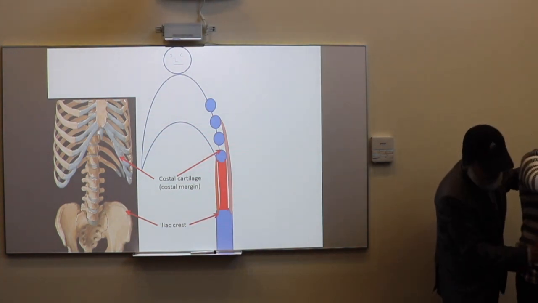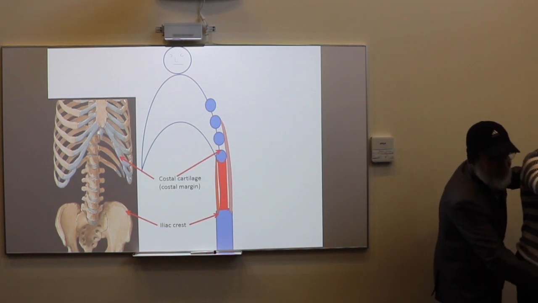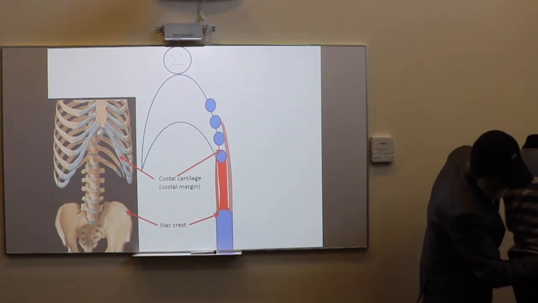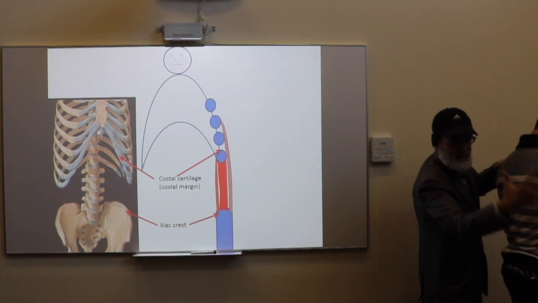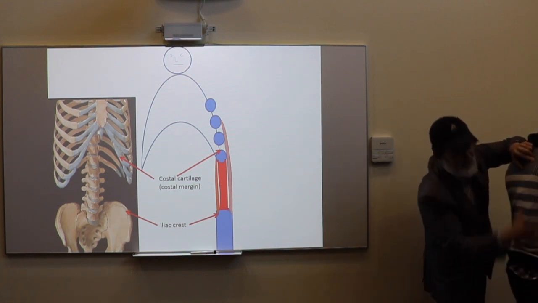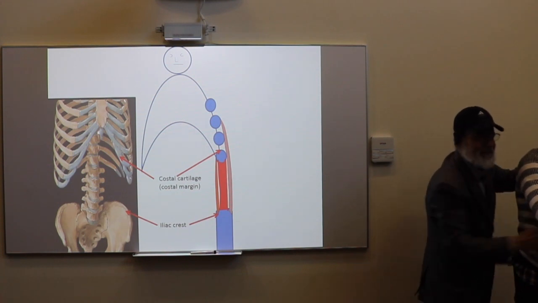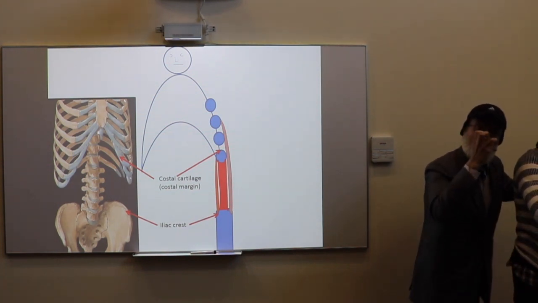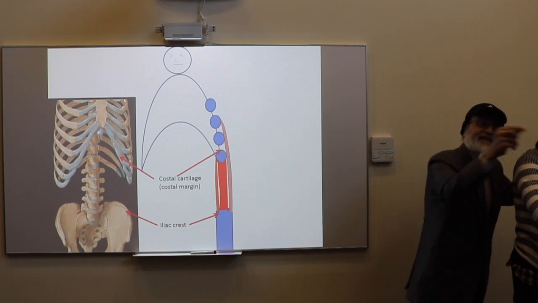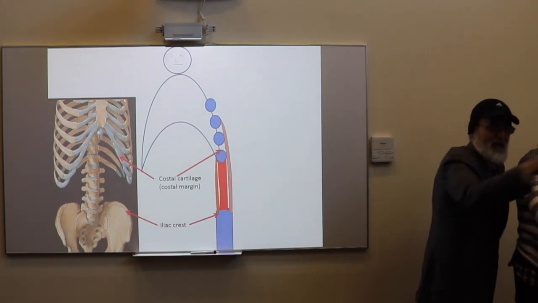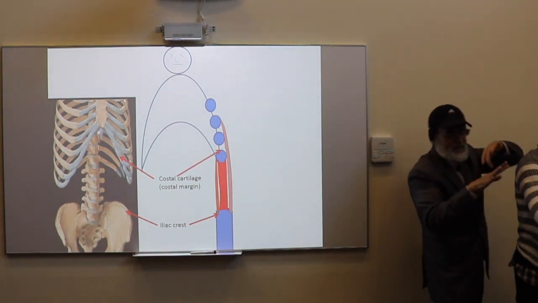But the fibers which are lower here are arching. And the fibers which are back here, you see my hand, are vertical. While these fibers are oblique. So the really oblique fibers of the internal oblique, the master muscle, are in the middle.